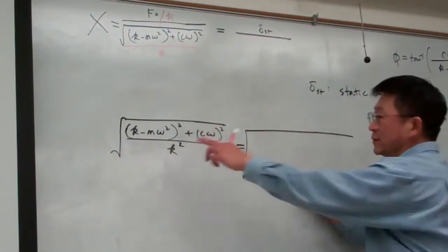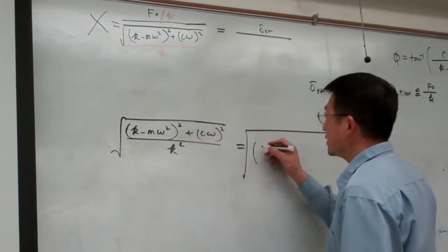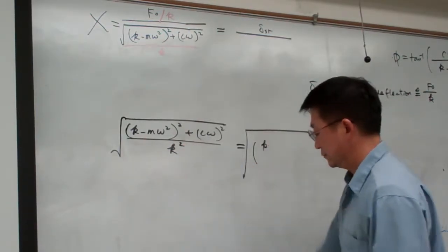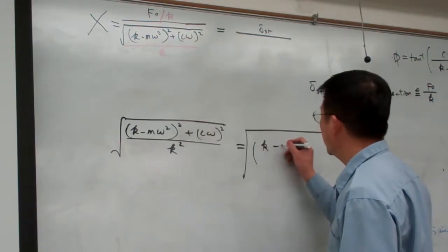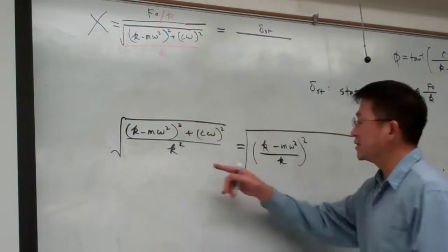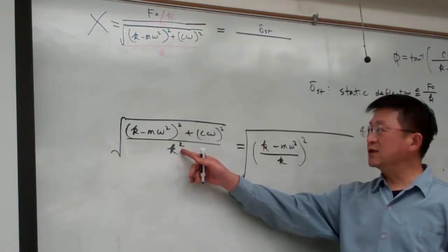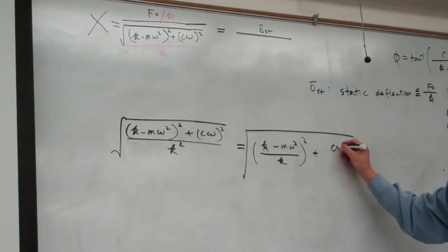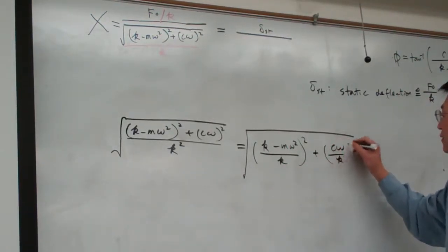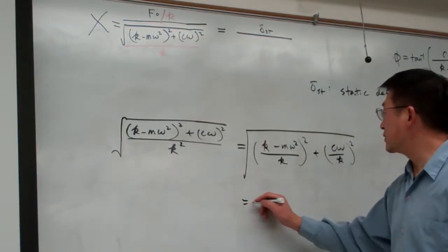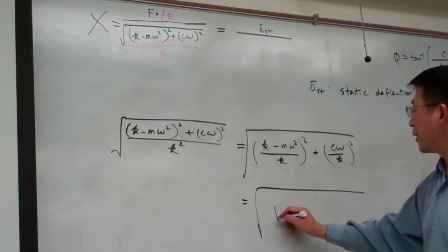The first term is (k minus m omega squared) divided by k, squared, plus the second term, c omega divided by k, squared.